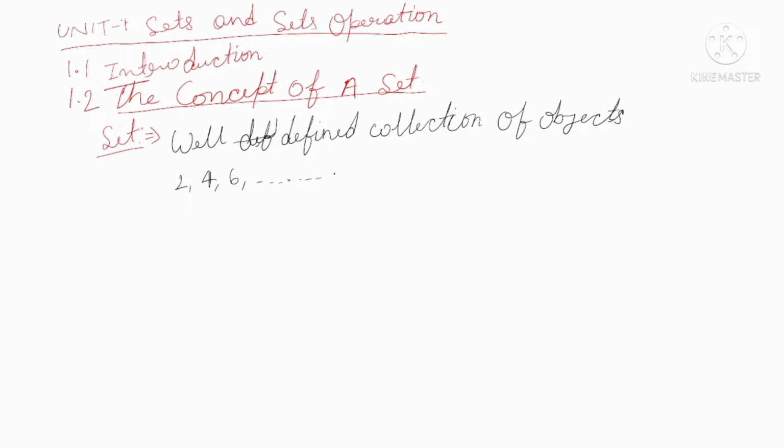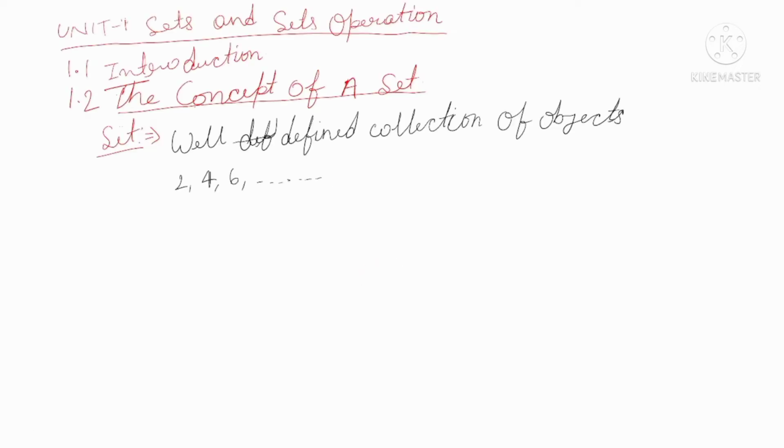In the same way you can go on. This is well defined, we know each and everything about even numbers, so the collection of even numbers will form a set.